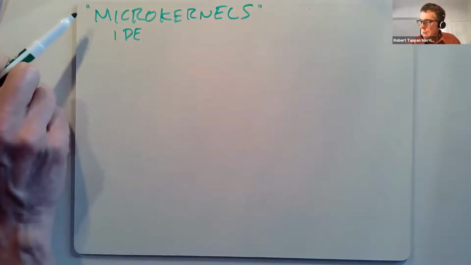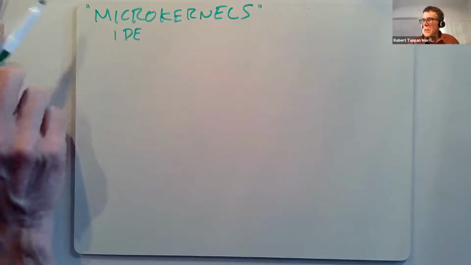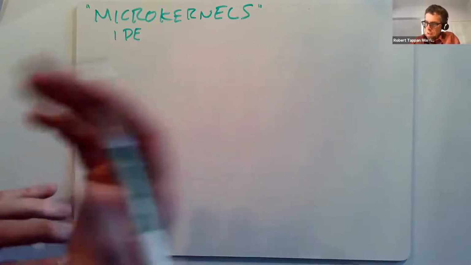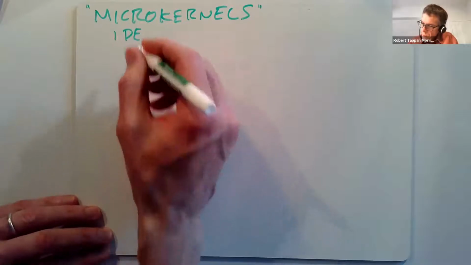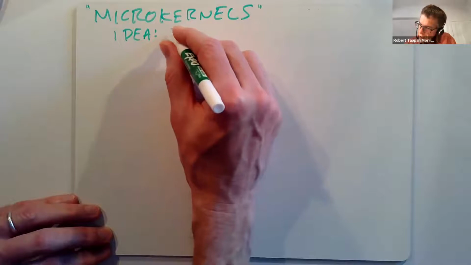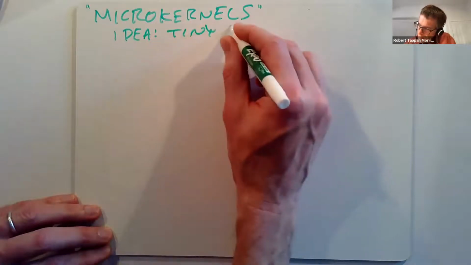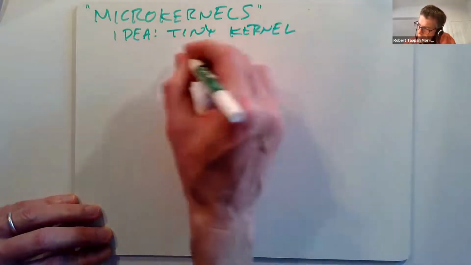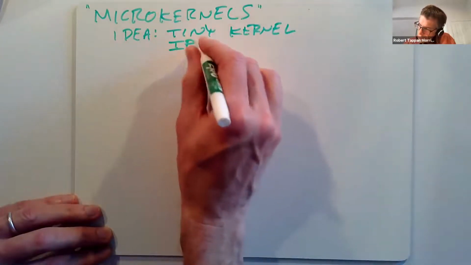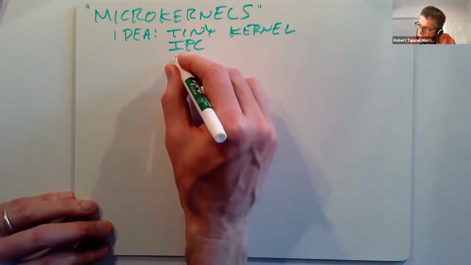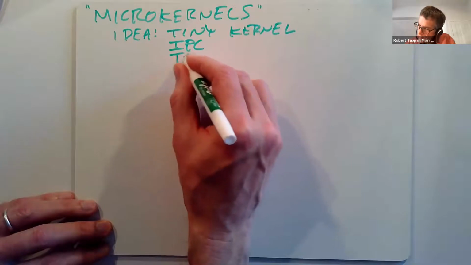There were many people who designed and built operating systems that followed the general plan for microkernels, but each of these projects ended up designing an operating system that was quite different from the others. So the key idea was the tiny kernel that supported just IPC, or inter-process communication, and some sort of notion of threads or tasks.